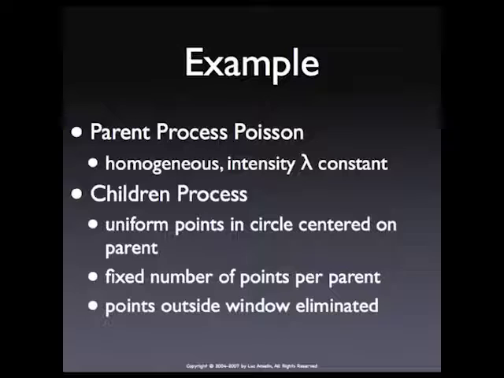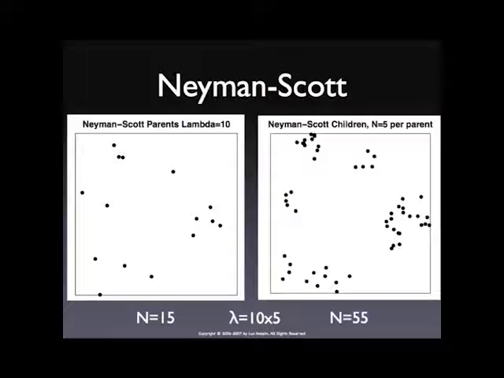55 total points. Now on average, the mean of this process is the product of the intensity of the parents times the intensity of the offspring, the children. So the average intensity of the clustered process is 50, and we get 55, which is roughly the same thing.